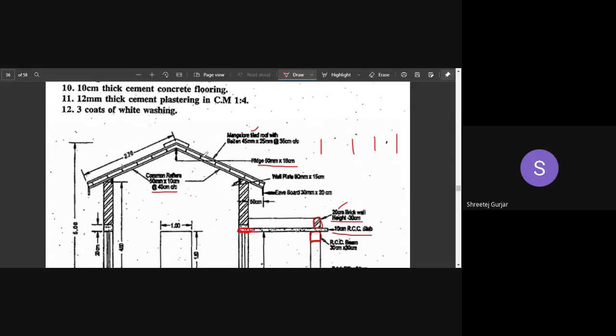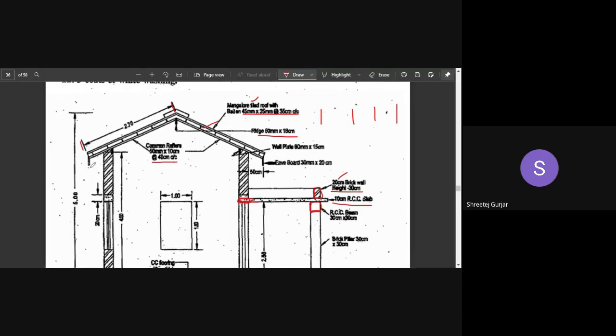The internal things which you see over here are battens, 45 mm by 25 mm at 35 centimeter center to center. This gable roof incline length is given as 2.7, and it is projecting outside by 50 centimeter, which is given over here.